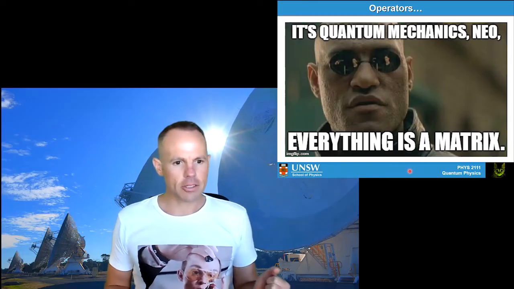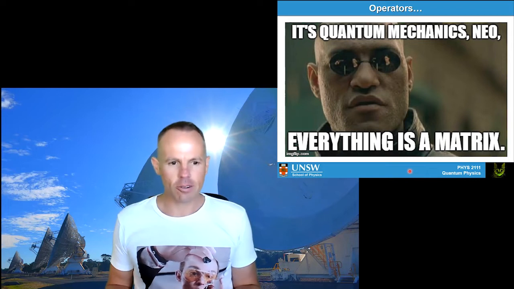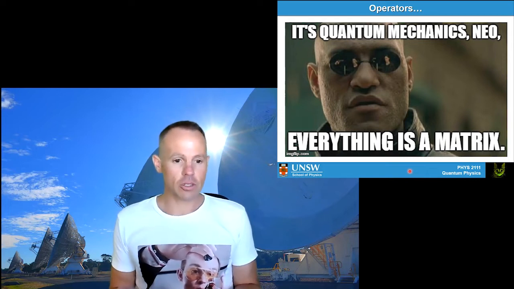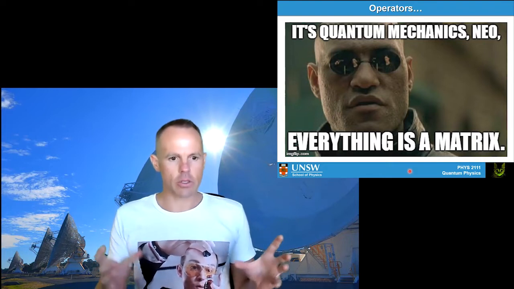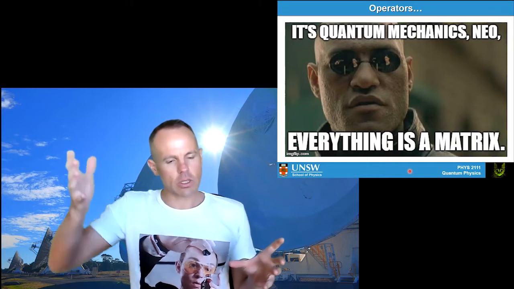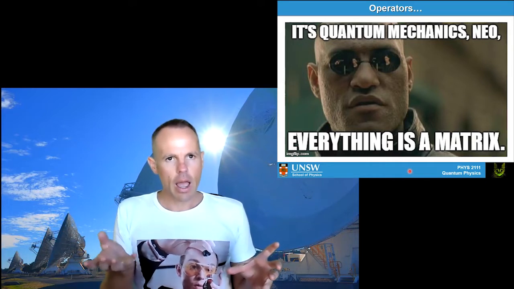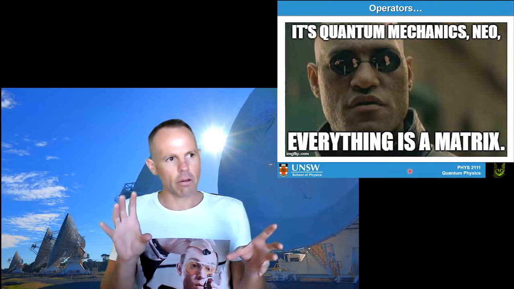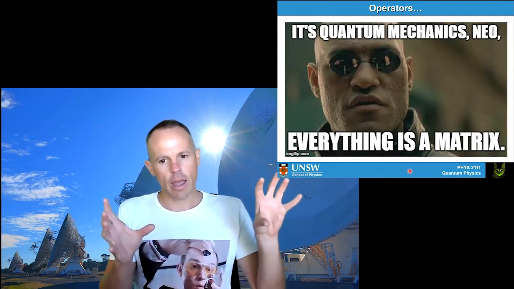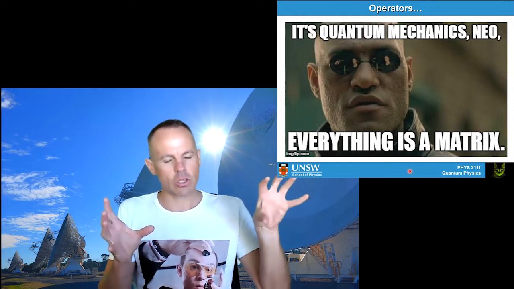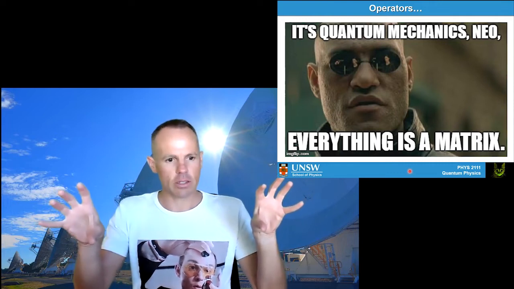Okay, so let's bring up some slides. Operators, to start with, nice little pun here, are all matrices in quantum mechanics. The basic idea is that you treat the states of your system and the measurable outcomes as vectors, and the way you operate on those vectors is by using matrices, and those matrices, when multiplied with vectors, will change the vector to something else.